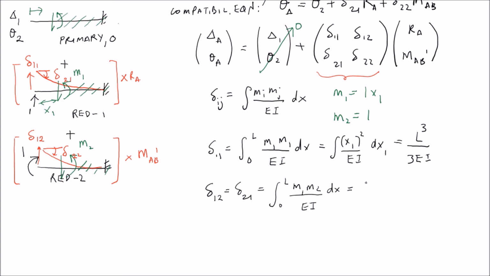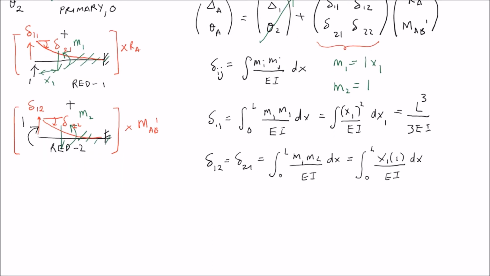So you get limit 0 to L, x1 times 1 over EI dx. It doesn't matter whether it's x1 or x2 basically. Solving this, you are going to get the answer L squared over 2EI.